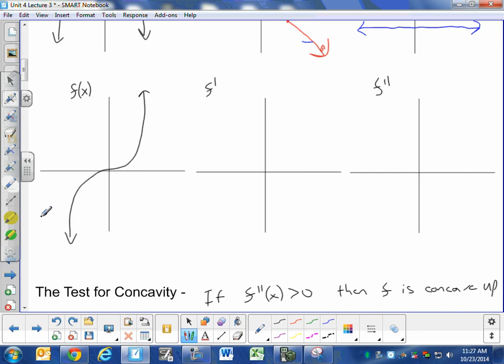Is this concave up or concave down? Both, right? This piece is concave down, this piece is concave up. We'll go ahead and sketch f prime and f double prime.